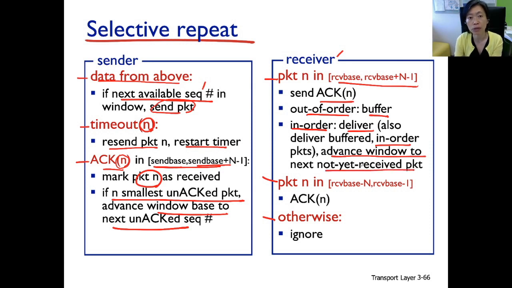All right, so this is when we receive a data packet that is within the receiving window. If we get a packet that comes in but it's actually in this range, receive base minus n to receive base minus 1, what is this?